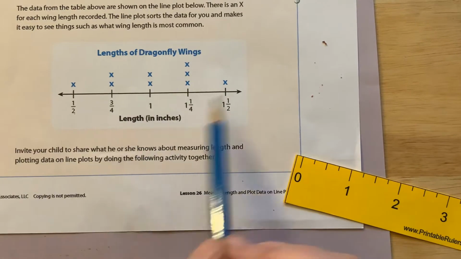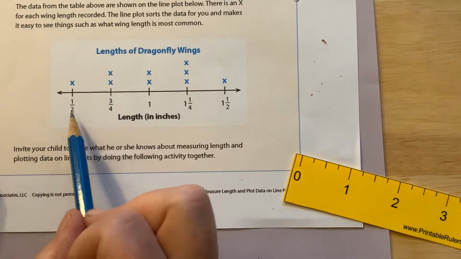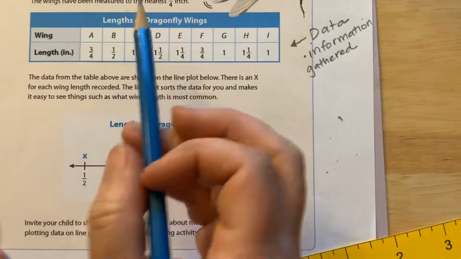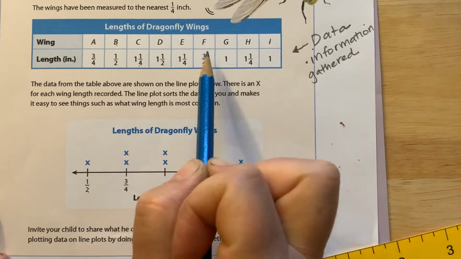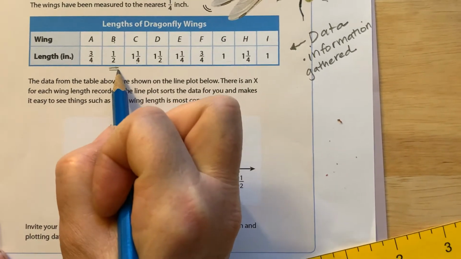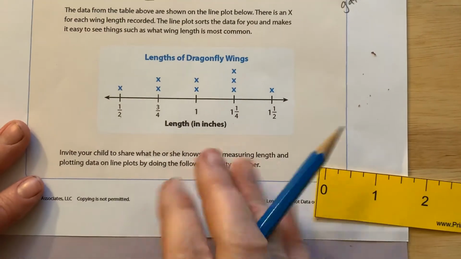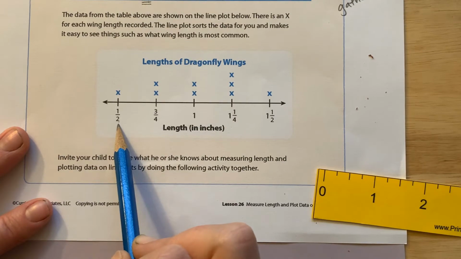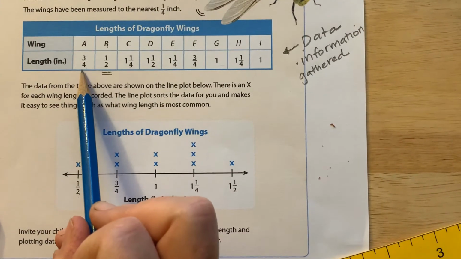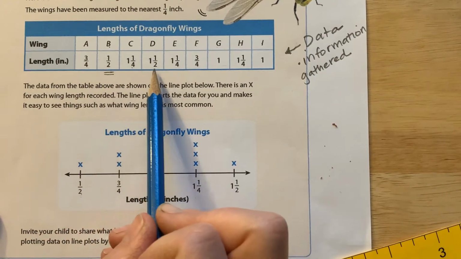Now, in order to make a line plot, they looked for the smallest number in our data table. What do you notice is the smallest number in our data table? It's the 1/2. So that means we have to at least have 1/2 on our line plot. Then they looked for what is the largest number. These are fractions, so we kind of have to think about them.